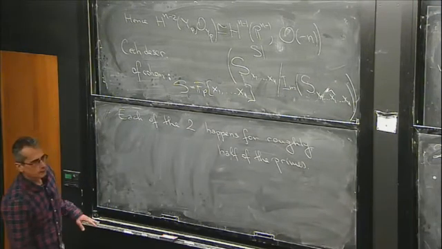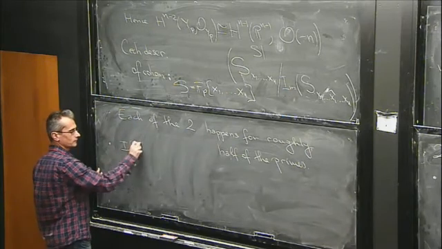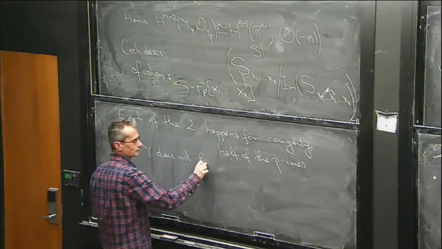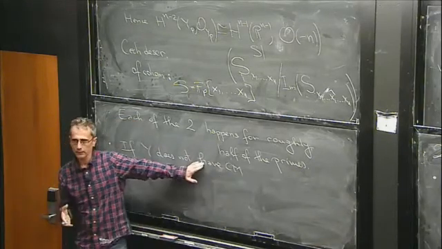A more subtle case is when Y does not have complex multiplication, does not have CM. And you should think of this as a generic case, right? So most elliptic curves have this property.